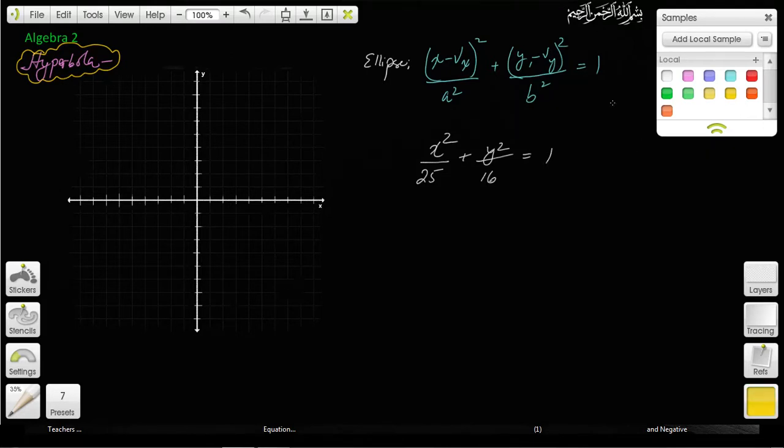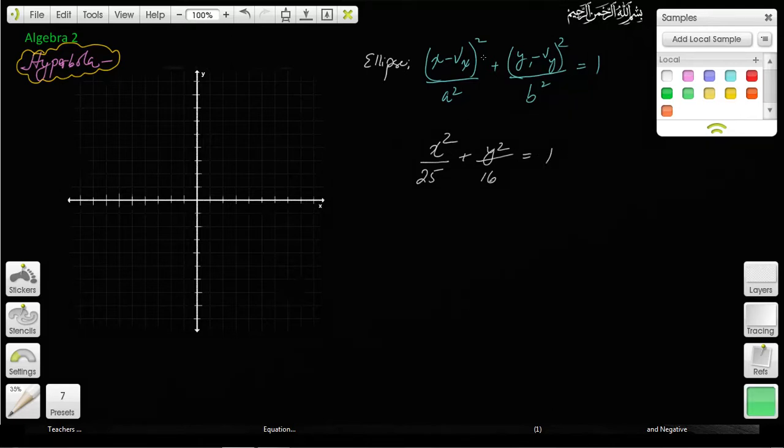So if you recall, the general equation of the ellipse was like this: (x minus Vx) squared over a squared plus (y minus Vy) squared over b squared equals 1. The Vx and Vy were pseudo vertices, and a and b were the major and minor axes. As an example, I've given you an ellipse: x squared over 25 plus y squared over 16 equals 1.